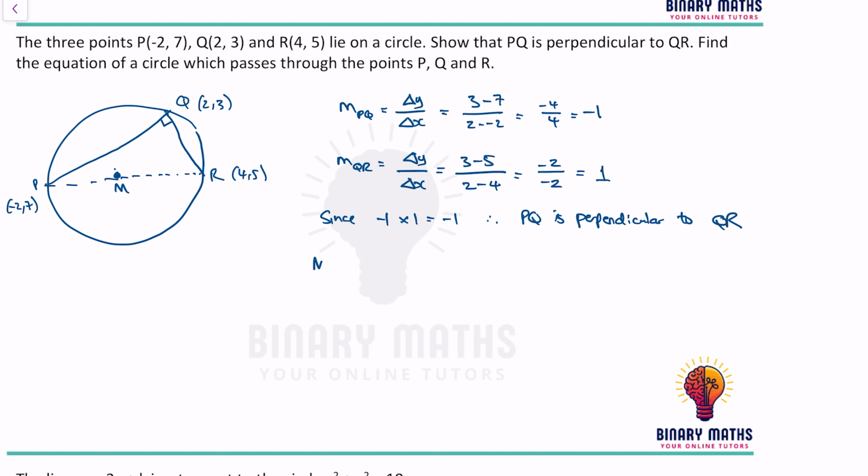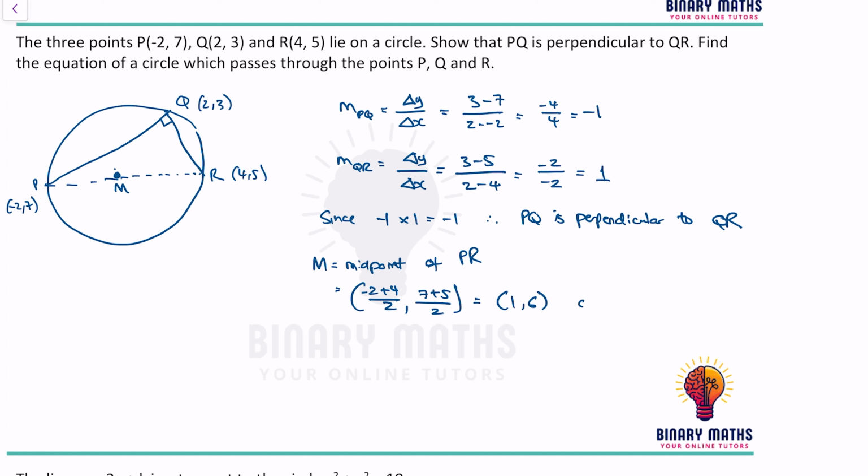So M is the midpoint of PR, which means I need to add the x coordinates together. So -2 add 4, divide by 2, and add the y coordinates, which is 7 add 5, and then halve it, which ends up giving me 2 over 2, which is 1, and 12 over 2, which is 6.